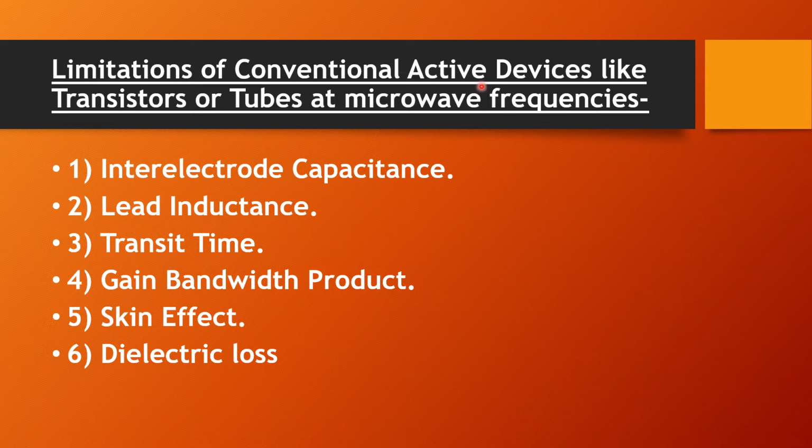So those devices which are not suitable for microwave frequencies are called conventional active devices, or conventional tubes, or conventional semiconductor devices. And the devices which are generally used at microwave frequencies, we call microwave devices, microwave tubes, microwave semiconductor devices.